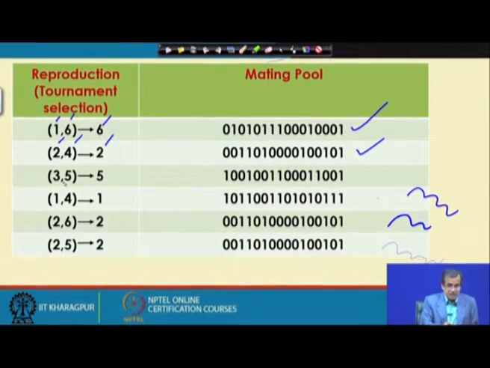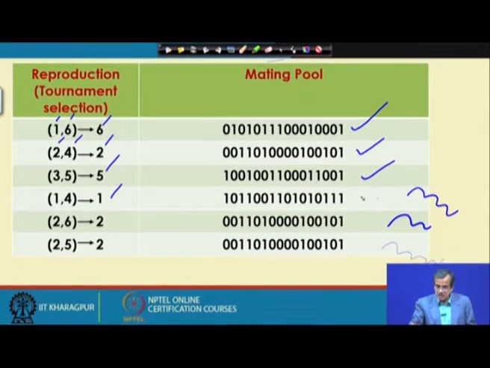The third tournament: I select the third and the fifth at random and compare their fitness. The fifth one is selected because its numerical value is less compared to that of the third. So, the fifth GA string is copied in the mating pool. Next, I go for the fourth tournament, and I select first and fourth at random, and out of this first and fourth, the first one is better.